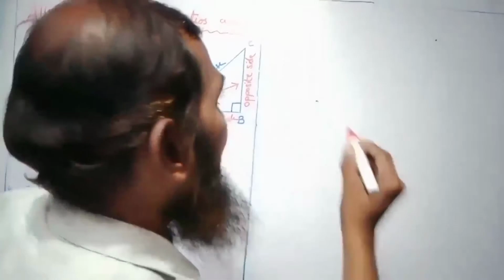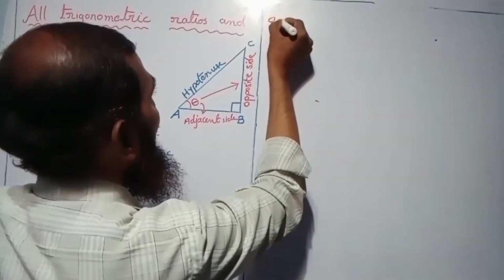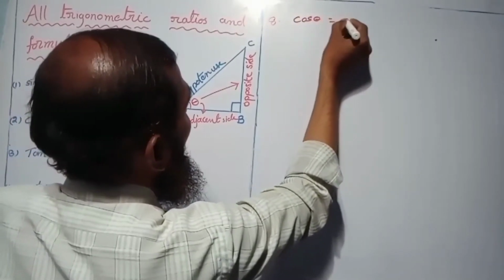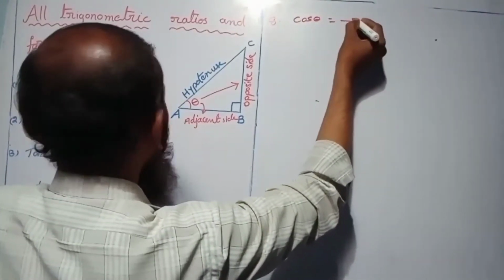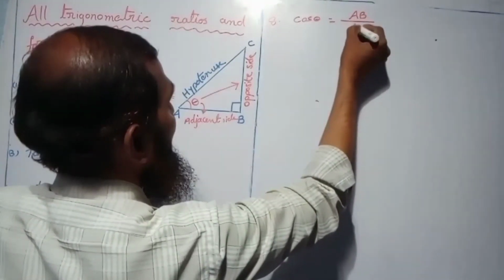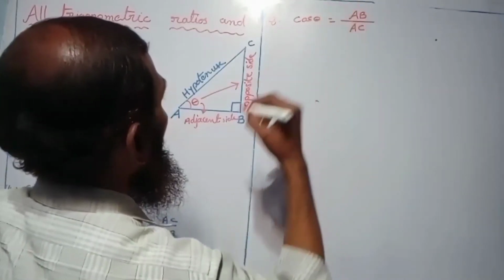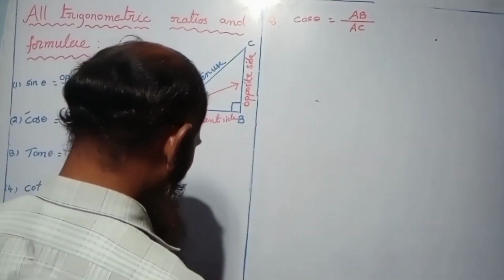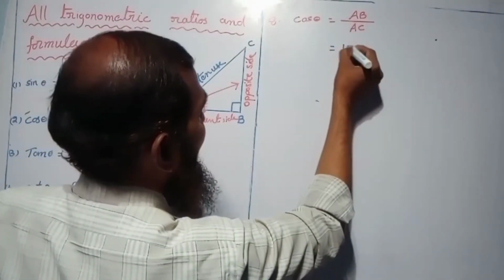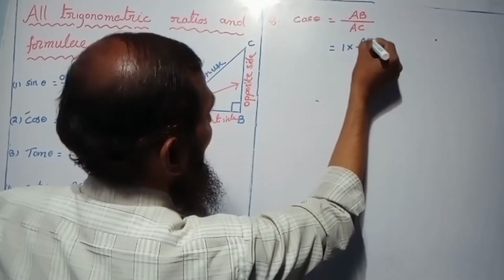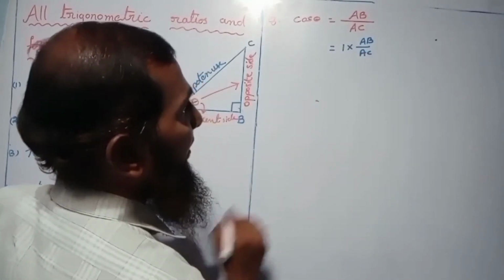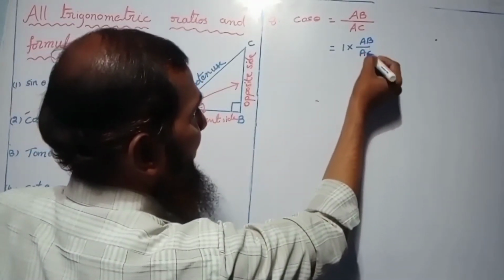Now come to the 8th formula. It is cos theta is equal to AB by AC. Here I am going to write this as 1 into AB by AC, and then the right side is AC by AB by AC.